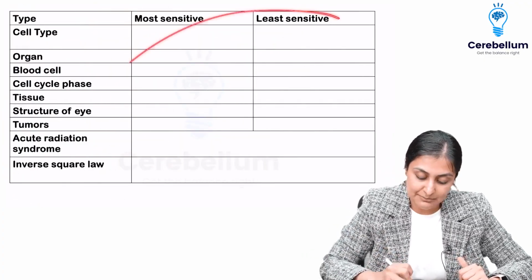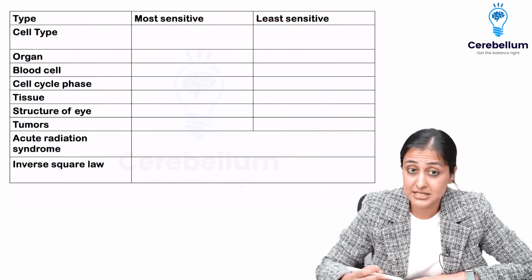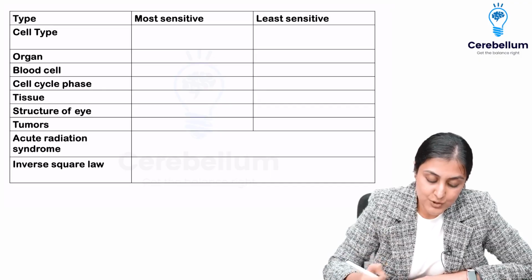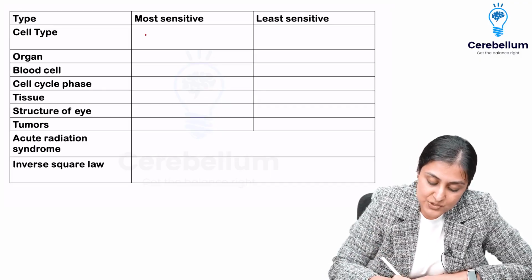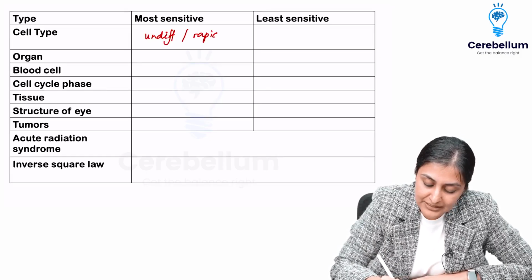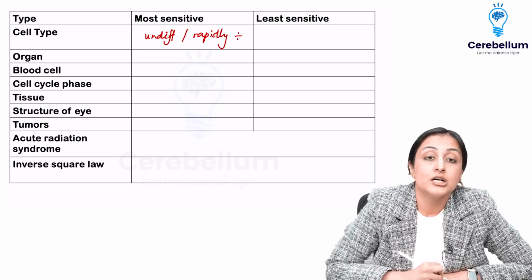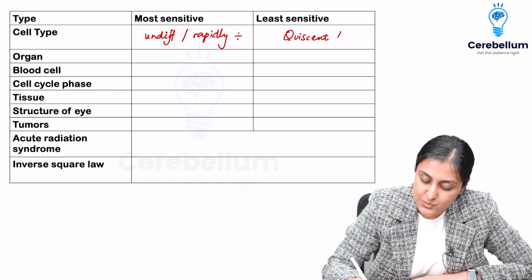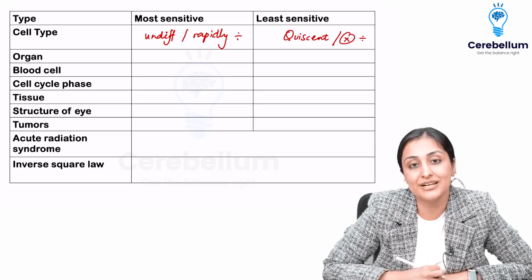The last table here is about radiosensitivity, and at least one question gets asked. The most radiosensitive cell types are cells which are undifferentiated or rapidly dividing. The least sensitive cells are the quiescent cells, the cells which are not undergoing division.